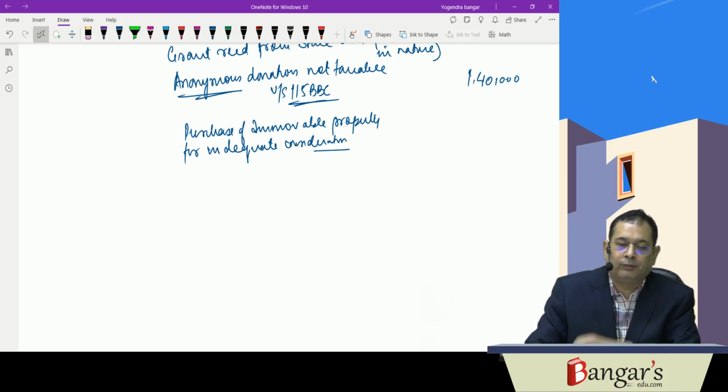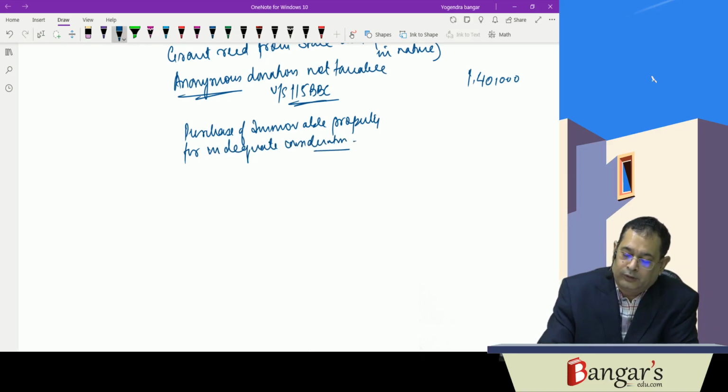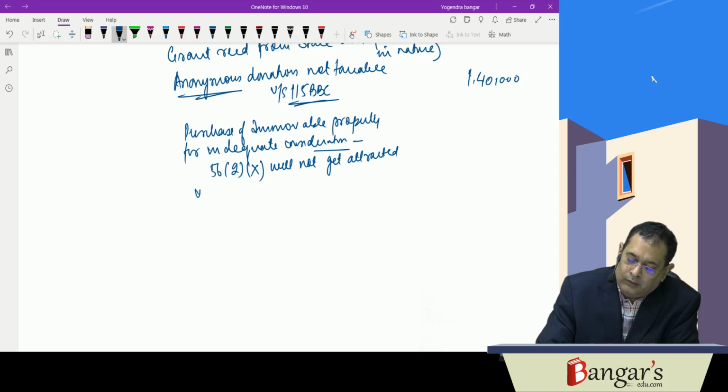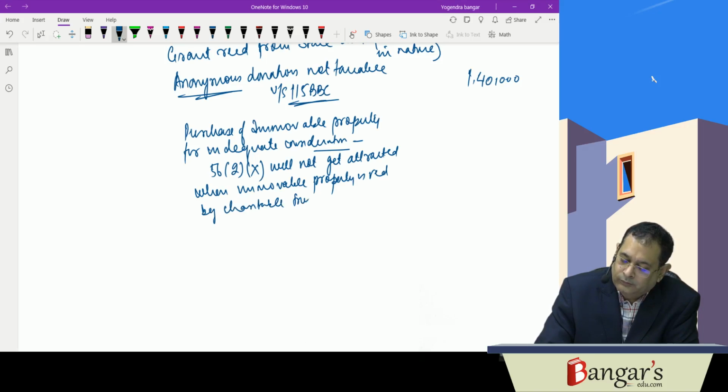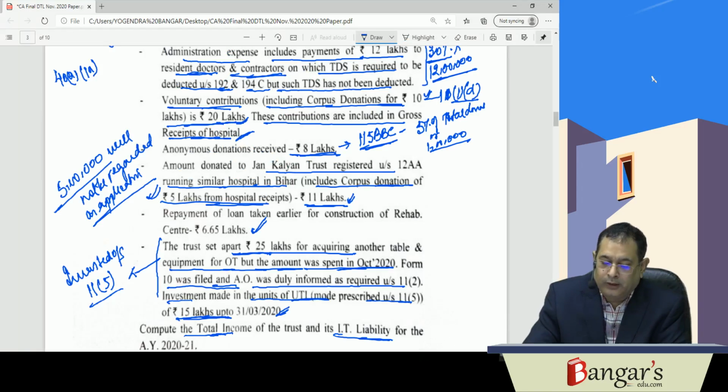Now, in case we purchase immovable property for inadequate consideration, 56(2)(x) will not get attracted when immovable property is received by a charitable trust. Okay.